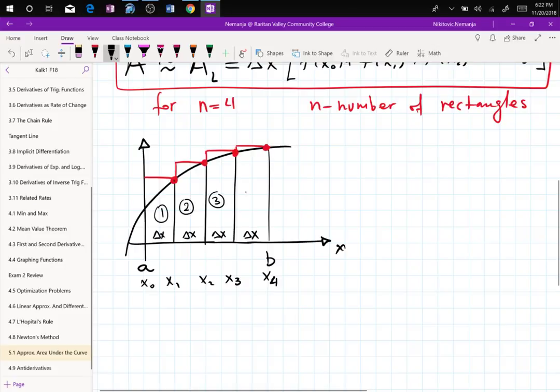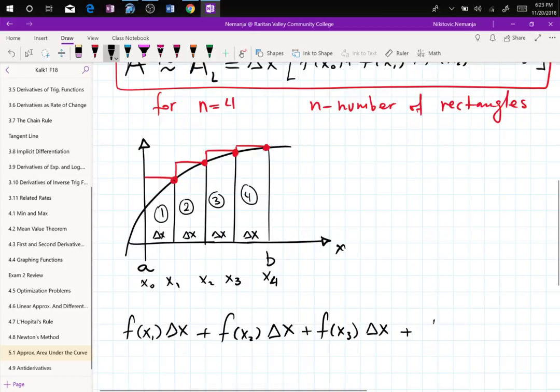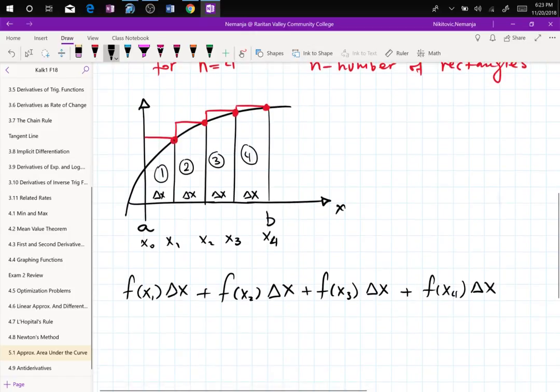Now, if you are looking at the area from the right points, we would have f of x1 as the first one times delta x, plus f of x2 times delta x, plus f of x3 times delta x, and finally f of x4 delta x.